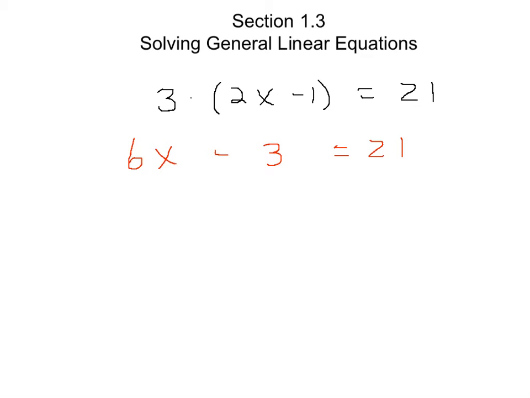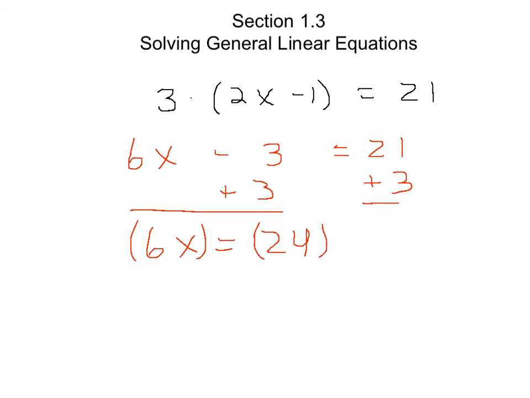So to solve it, we begin by adding 3 to both sides. And that gives me 6x equals 24. And then we multiply by a sixth, 1 over 6, and I get x is equal to 4. Okay, so 3 steps in solving that problem.